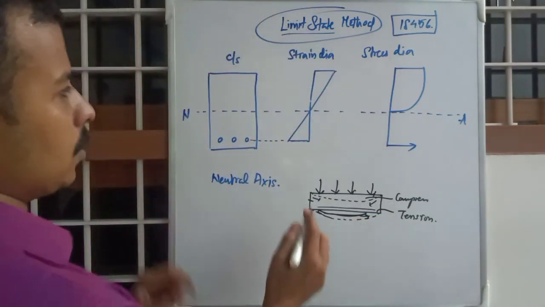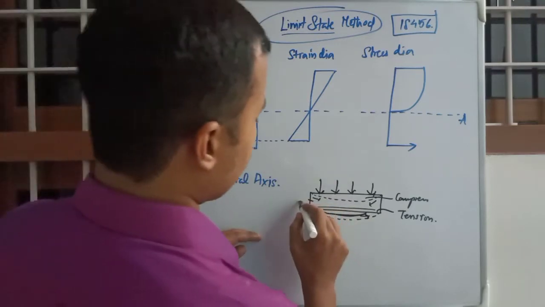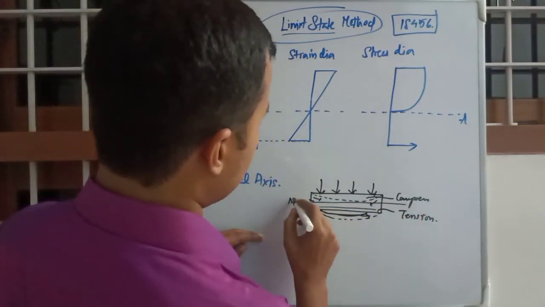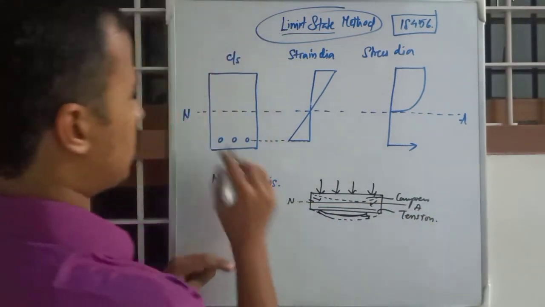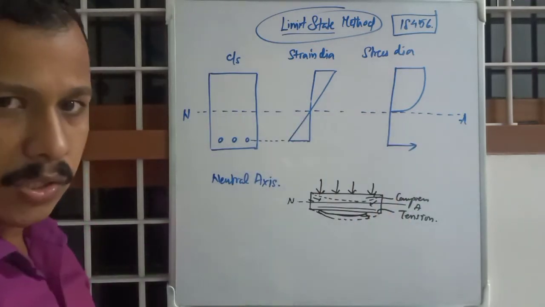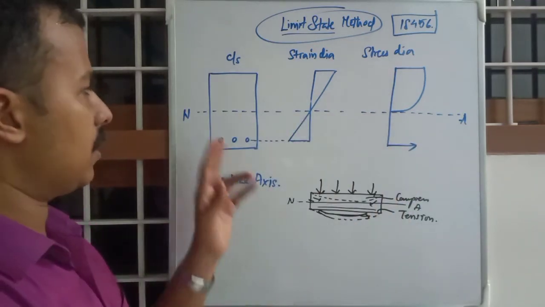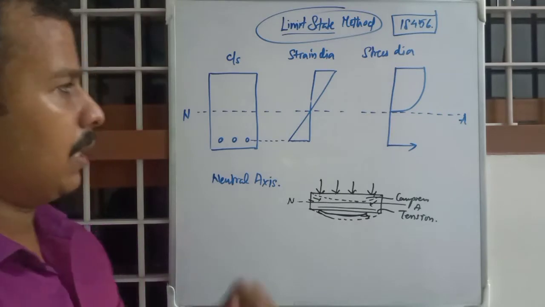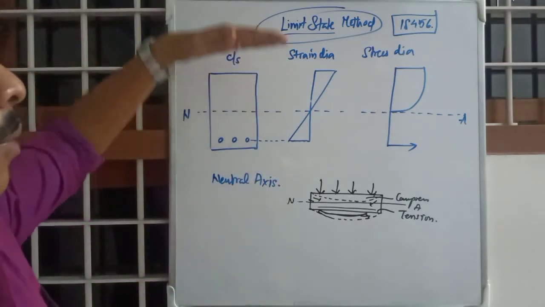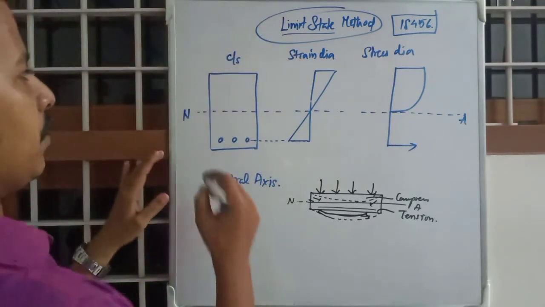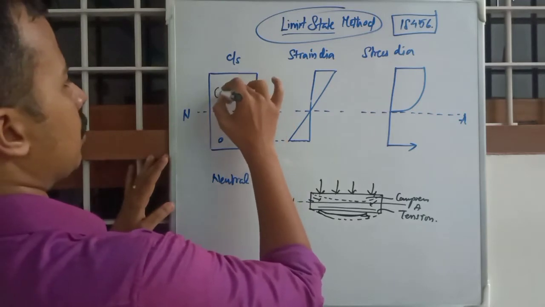There will be a neutral axis, this dotted line. That means there won't be any force acting on the neutral axis. In the area above the neutral axis, you will experience compression.